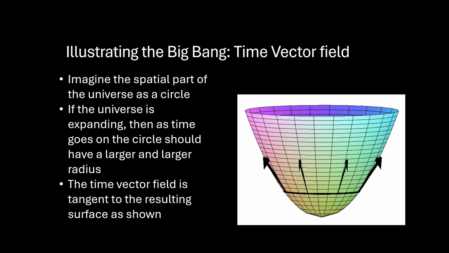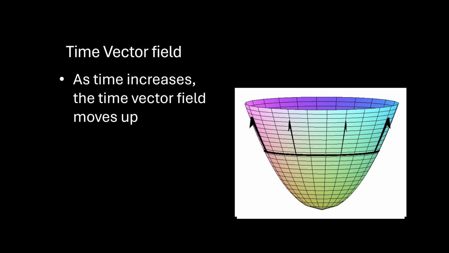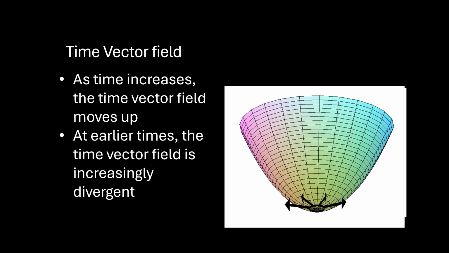The time vector field is tangent, and as time increases, the time vector field moves up. You can see that the later cross sections will have those vector fields a little bit higher, but as you go backwards in time, the time vector field is increasingly divergent.